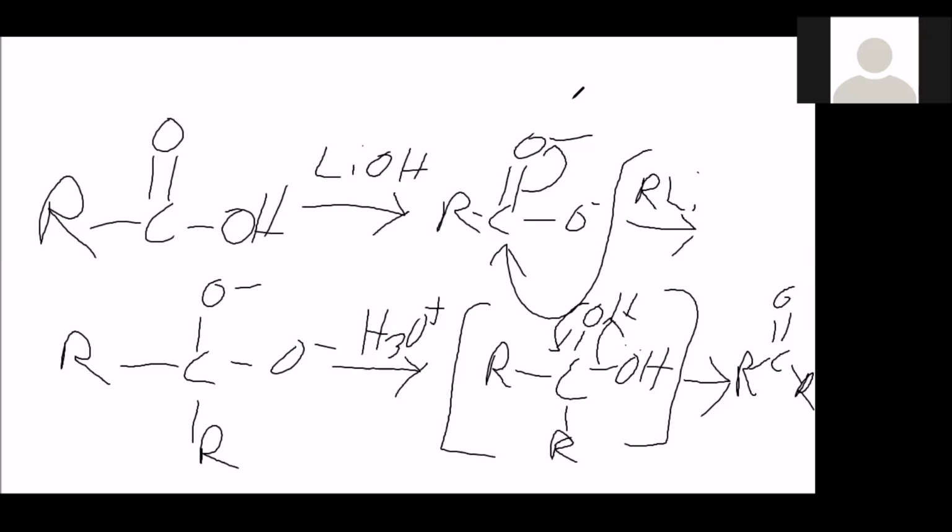Then we have 2 strong bases meet an acid. Acids get protonated, the bases get protonated. And here's where it gets a little weird, where we have the rearrangement. That's where it'll form the ketone, forming water.